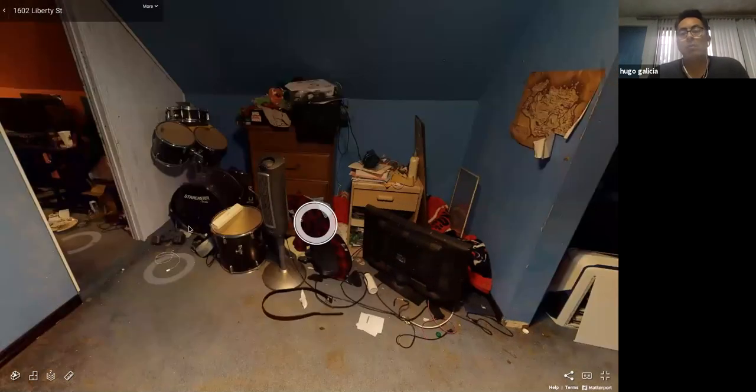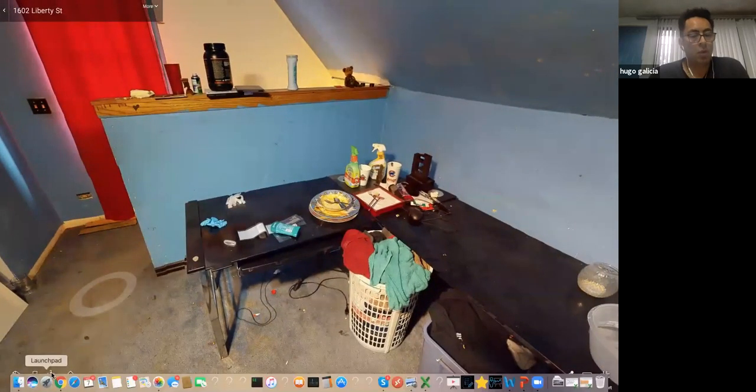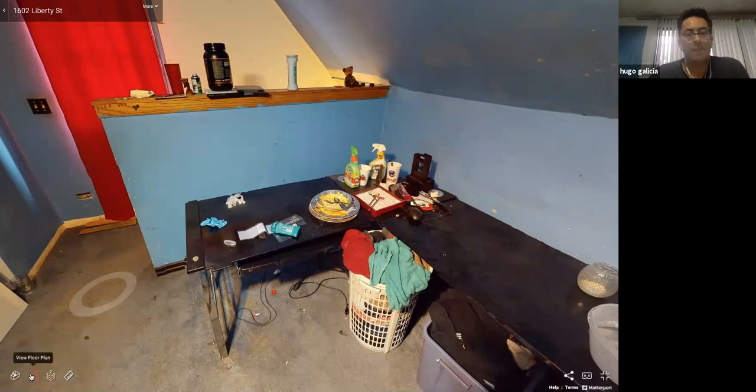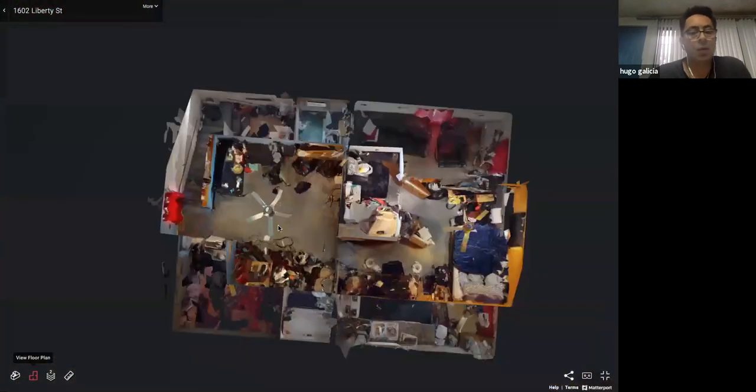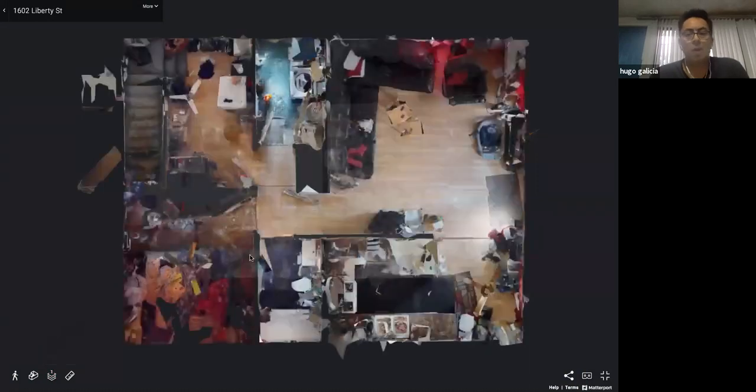So now I want to make sure that we've looked at everything. The first floor, that's the entire layout from the top. It's super cluttered. It's just hard to see from the top. So let's just go back to the first floor.